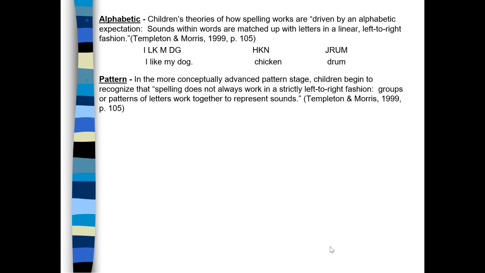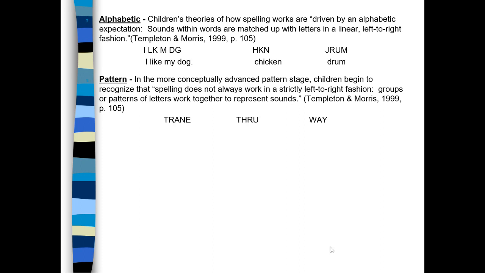When we talk about the pattern stage, the students are more advanced in looking at this conceptually. Spelling does not always work in a strictly left to right fashion, and students start recognizing that patterns of letters work together to represent sounds.